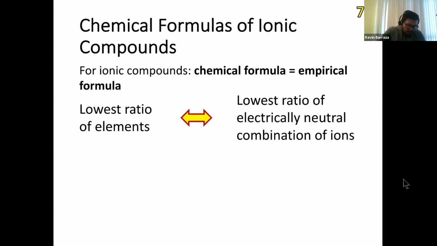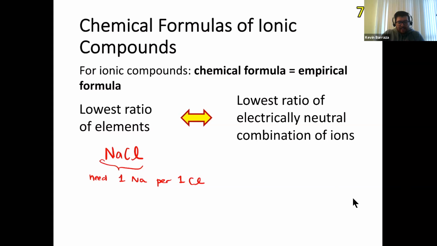So what this means is that when we have NaCl for table salt, we need 1 sodium per 1 Cl. In terms of the other aspect, it's because each sodium atom carries a 1 plus charge, and each chloride carries a 1 minus charge.